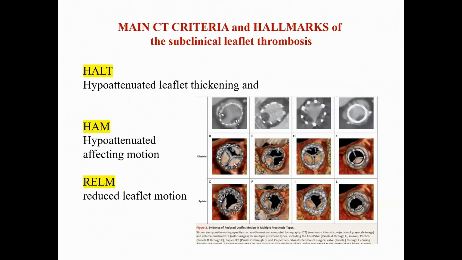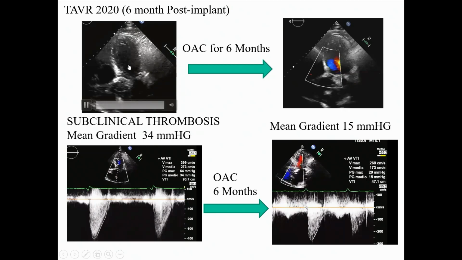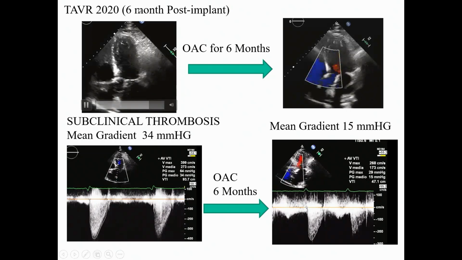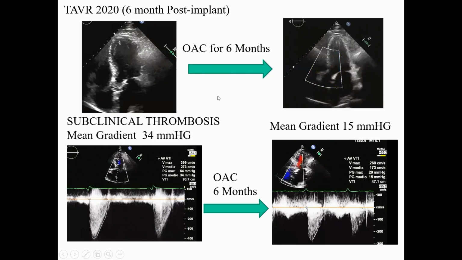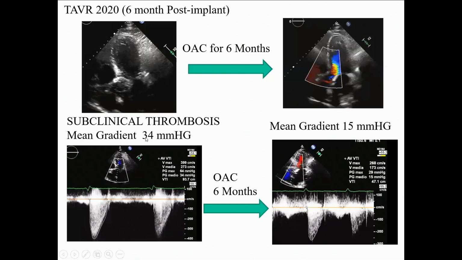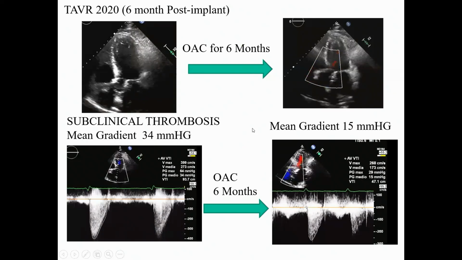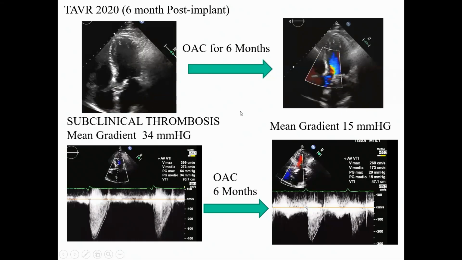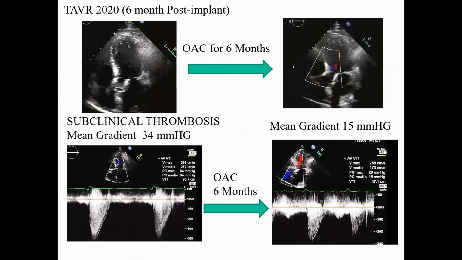In these cases, CT is extremely useful, with hypoattenuated leaflet thickening, hypoattenuation affecting motion, and reduced leaflet motion. Just an example, you may observe in this case, 6 months post-implantation of a TAVR, a mean gradient of 34, and after OAC, you may observe the normalization of the gradient as well as the normalization of the morphology of the valve.